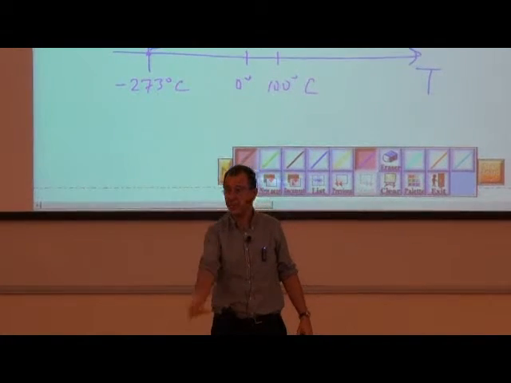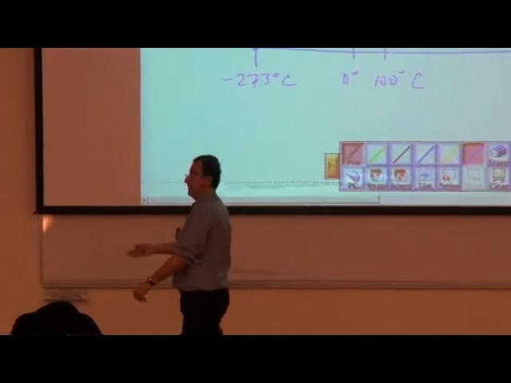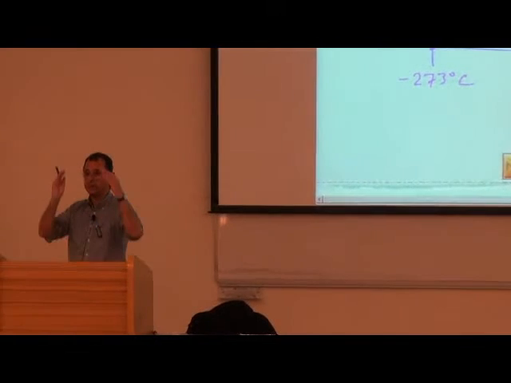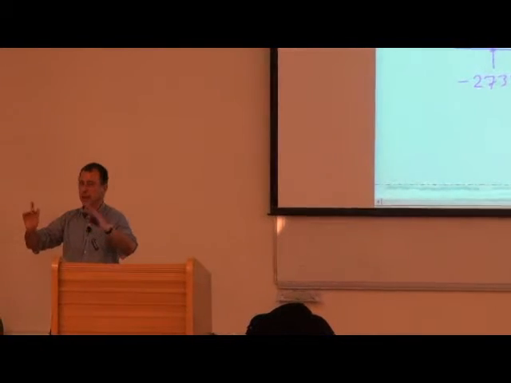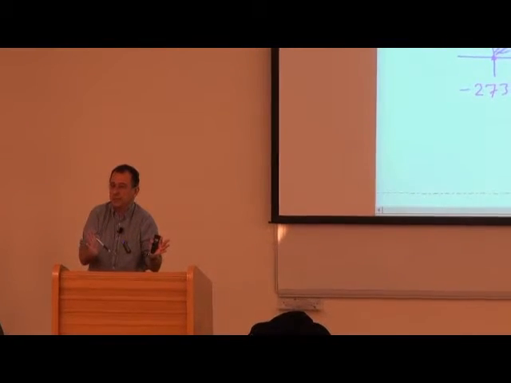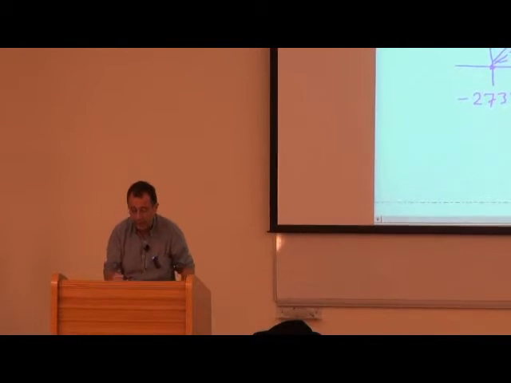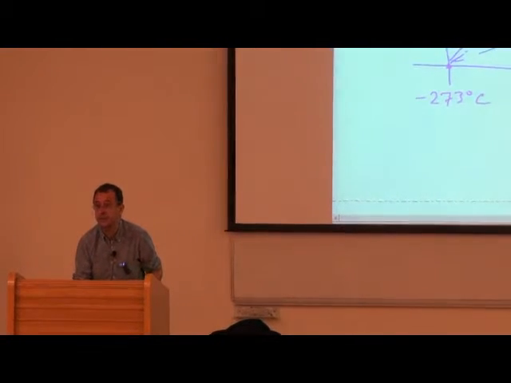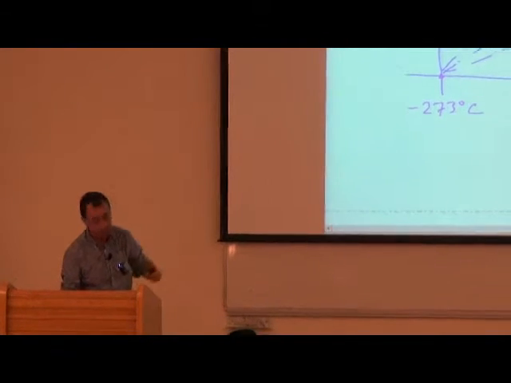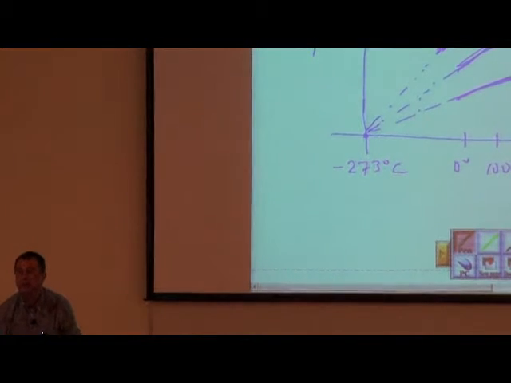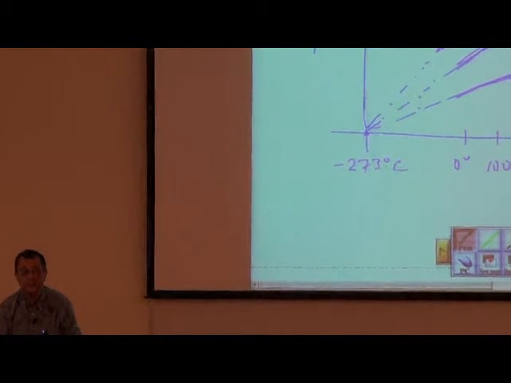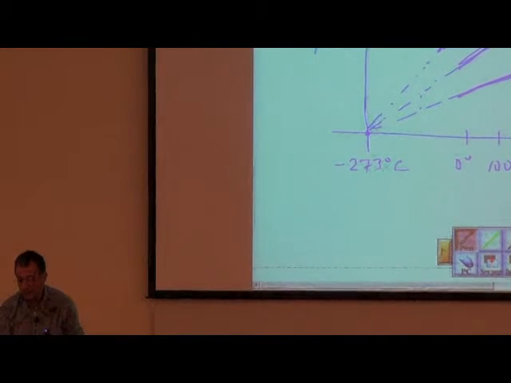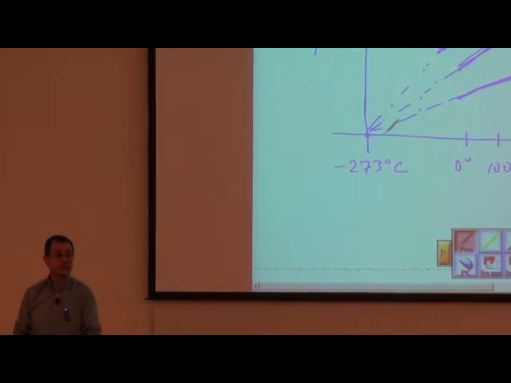And the fantastic result was that all different density gases, pressure is always proportional to temperature. I don't know what temperature is, but it's proportional. And the extrapolation of the graph for different experiments at different densities, all of them extrapolate to the same point. And that point was at -273 degrees centigrade.